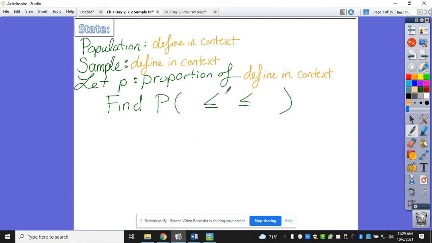I'm seeing if my p hat is between different numbers. Now, I'm writing this one generally to be between two numbers. Is every single probability we find between two numbers? Sometimes it's greater than, sometimes it's less than, so that can differ a little bit. But you're just writing P, parentheses, for whatever your context is.